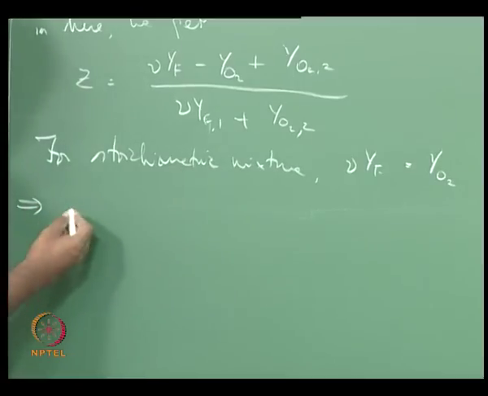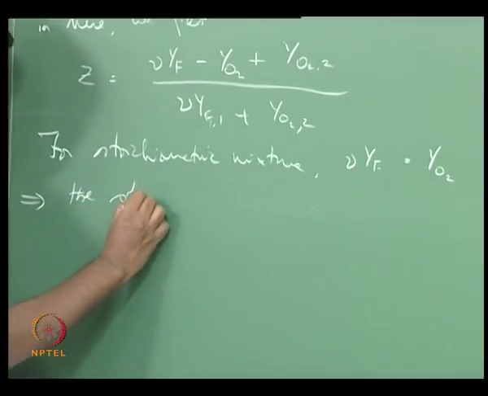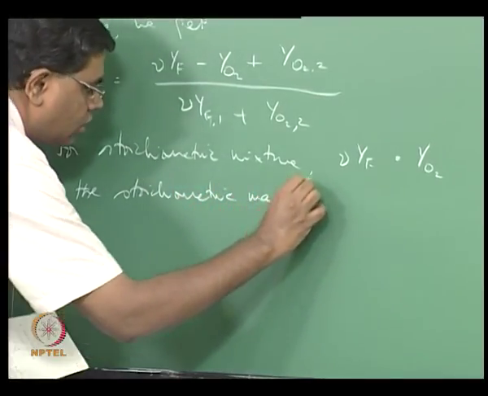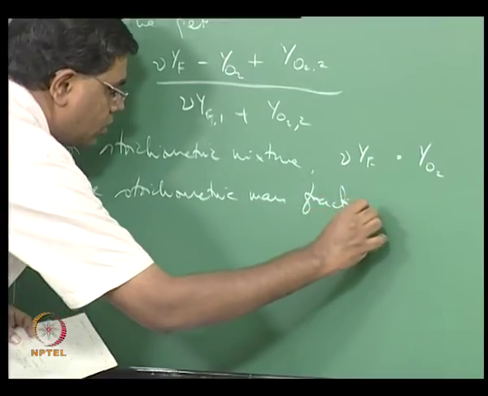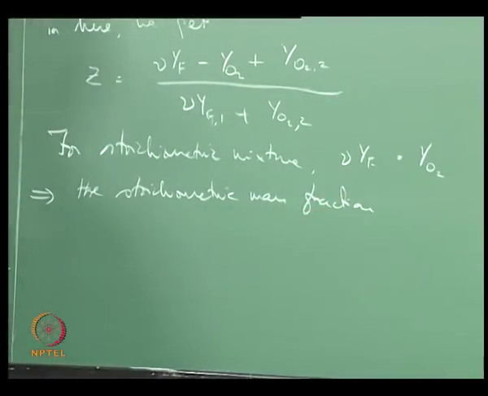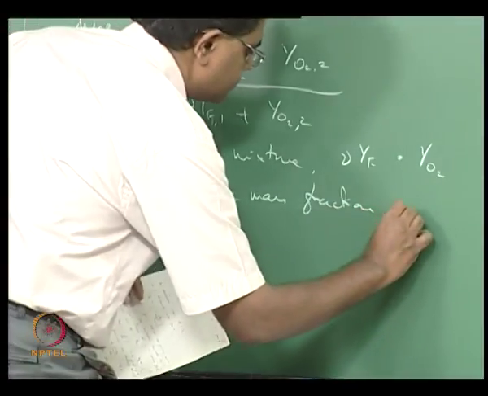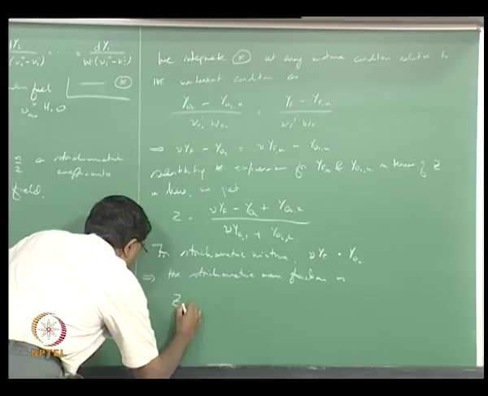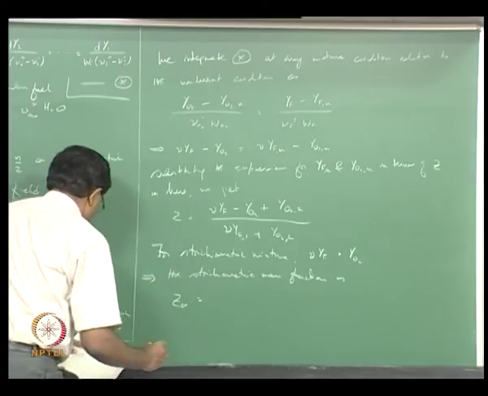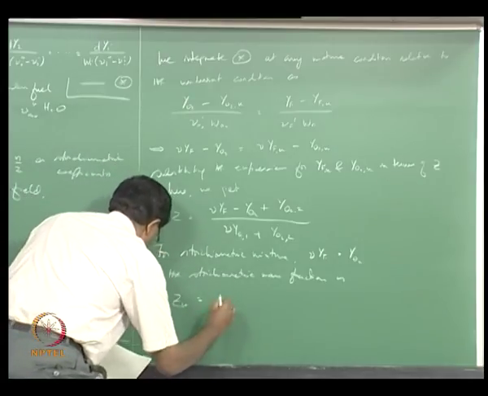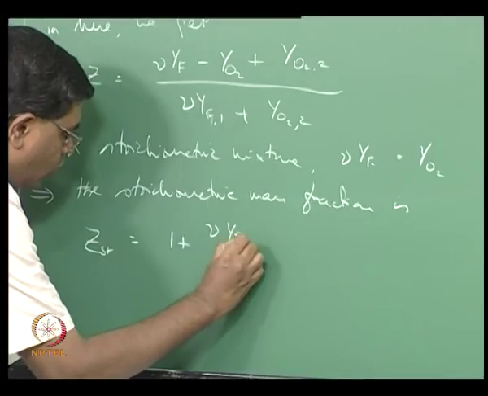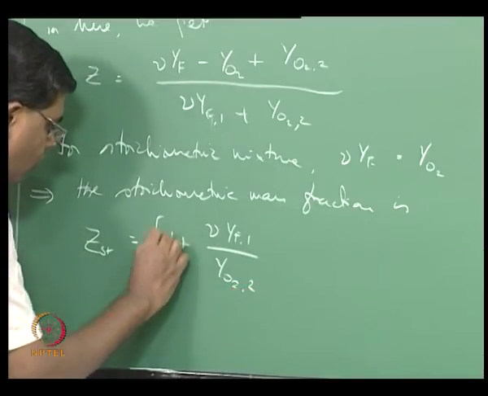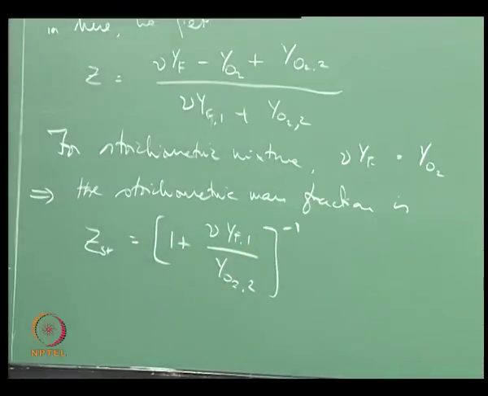The stoichiometric mass fraction ZST is equal to 1 plus nu YF,1 divided by YO2,2, the whole to the minus 1.